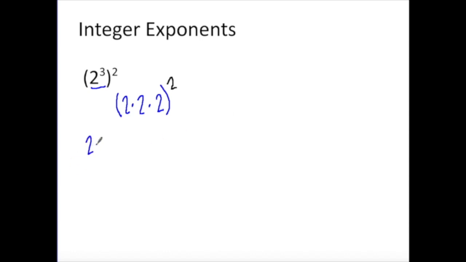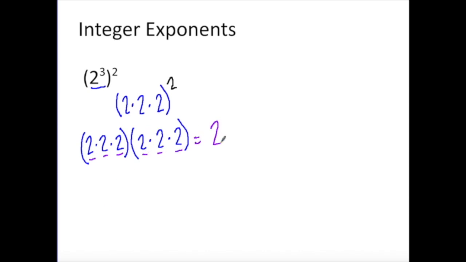So I need 2 times 2 times 2. I need it 1 time, but then I also need it another time. So when I did this, what I have here is 1, 2, 3, 4, 5, 6.